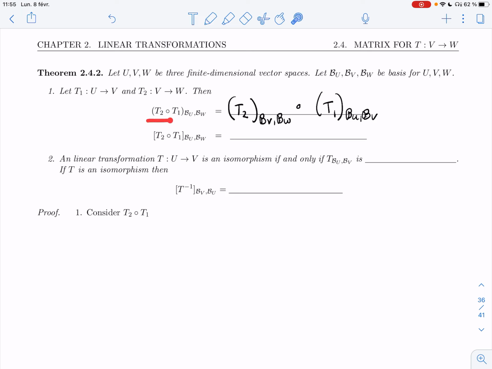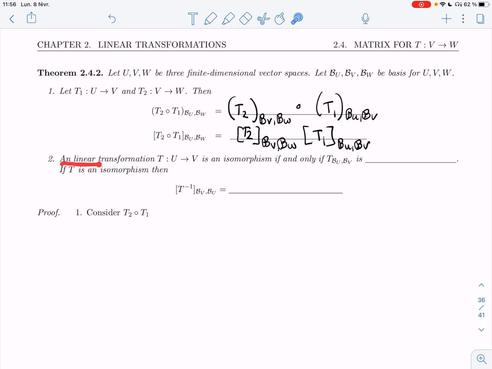All right, so the Euclidean equivalent of T2 composed with T1 is the composition of the equivalent of both maps separately. That will mean that if I look at the matrix of T2 composed with T1, I'm going to get the matrix of T2 times, this is matrix multiplication, the matrix of T1.